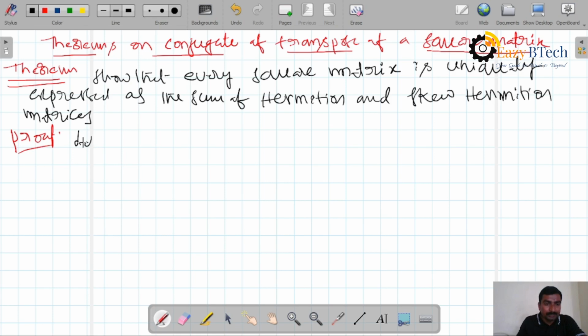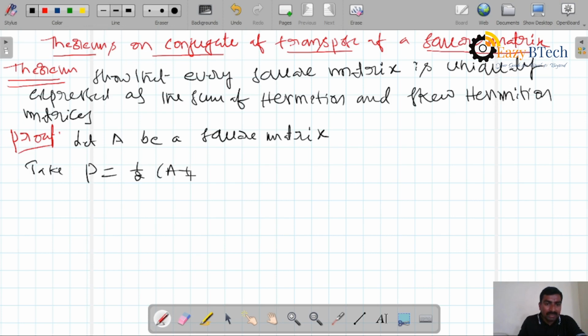Let capital A be a square matrix. Take some matrix P equals 1 by 2 into A plus A power theta.